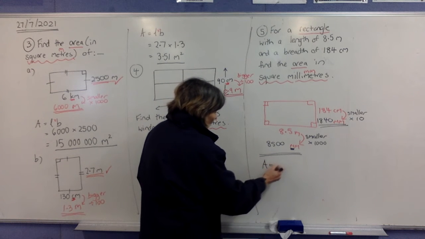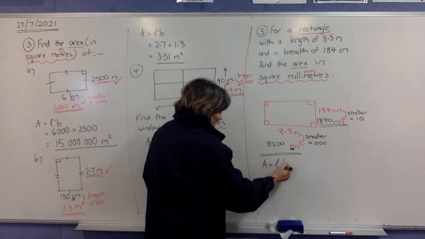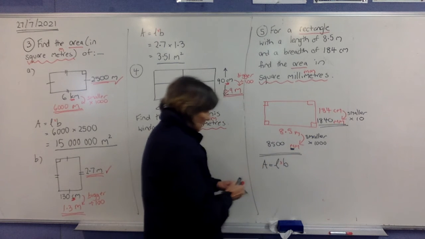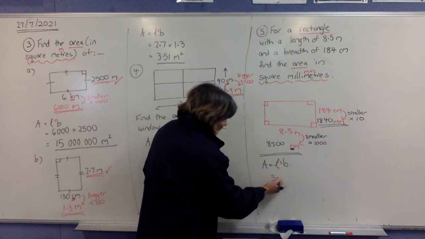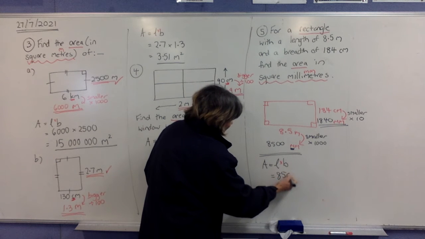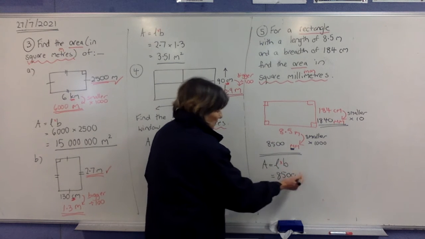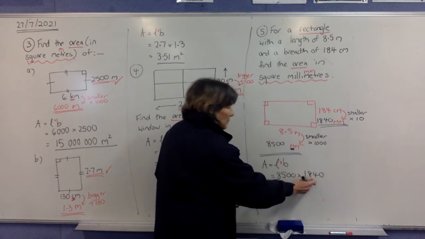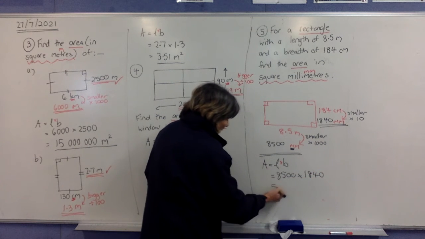So we start with our formula, A equals L times B. Our length is 8,500 millimetres. Our breadth is 1,840 millimetres, and that's what we're multiplying.